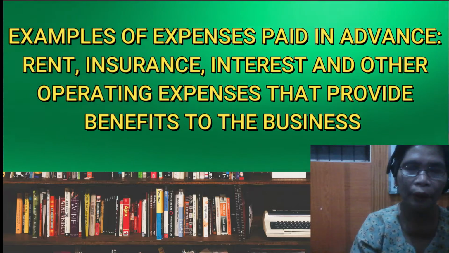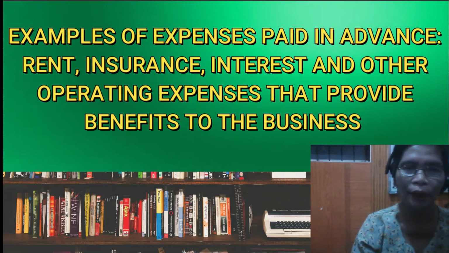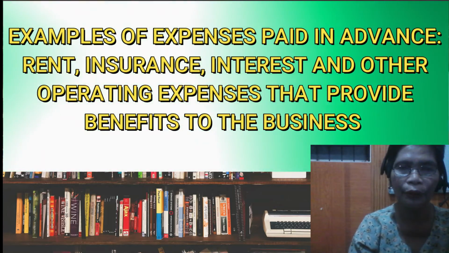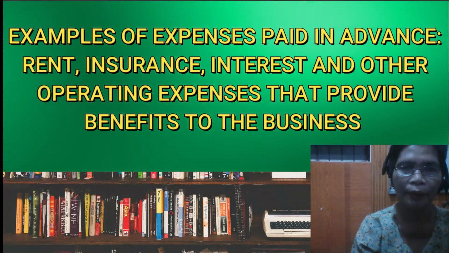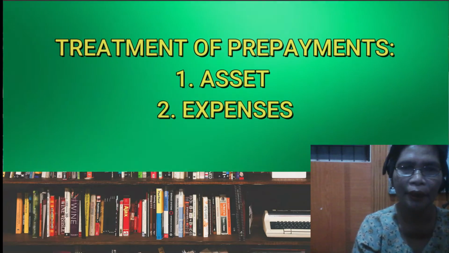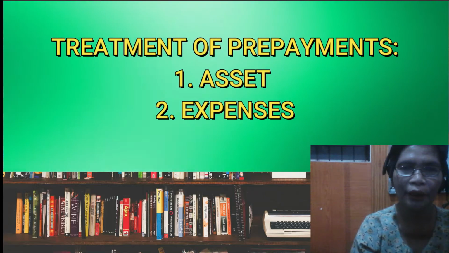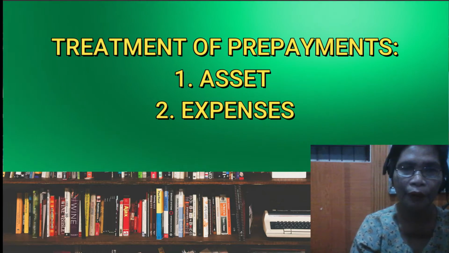In recording prepayments in our original journal entries, there are two methods. We have the asset method and the expense method. In the next video, we are going to discuss in detail these two kinds of methods.